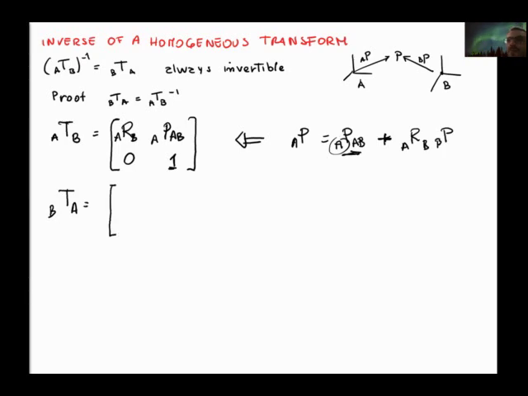While now we consider the TBA, which is what we said is the inverse, and this will be composed with a rotation matrix BRA, with the difference between the two origins, from origin of frame B to origin of frame A, this vector expressed in frame B, and a 1.